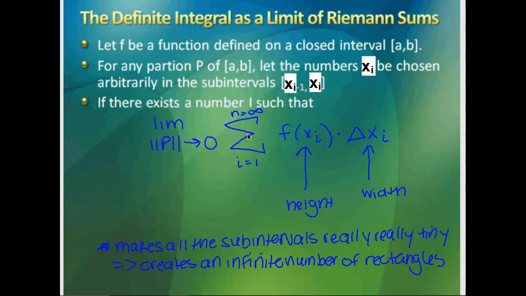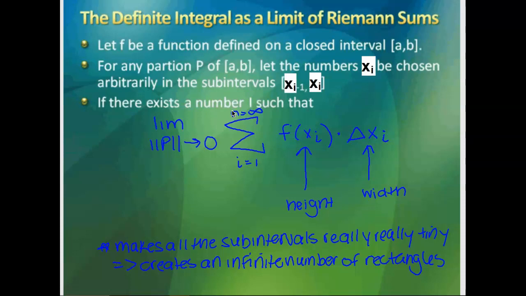This symbol right here, which looks kind of like an E, is the Greek symbol for summation. So that means the sum of the values from i to infinity. What that is doing is meaning that my subintervals, because n represents subintervals, is infinite.